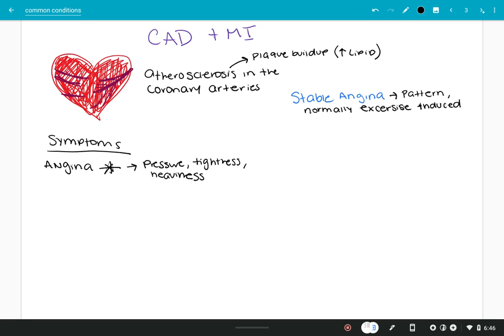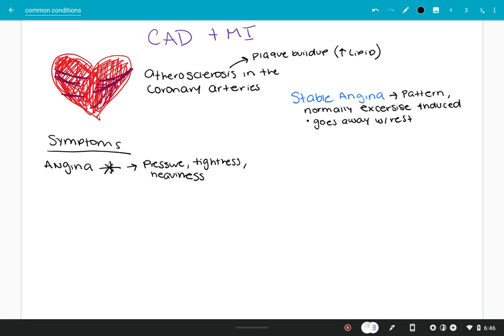So these people are going to say, I was walking, I was running, I was having sex, I was walking up a flight of stairs, that kind of thing, and my chest started to hurt. But it goes away with rest. And that's the key for stable angina, is that they have it and it goes away with rest.